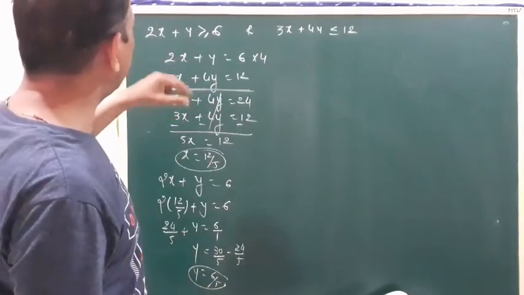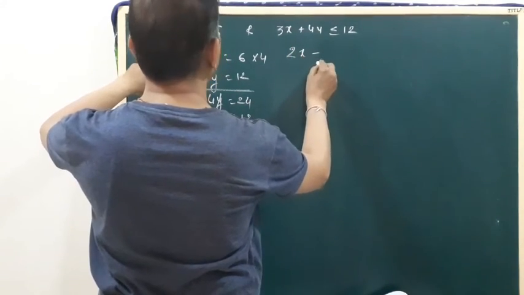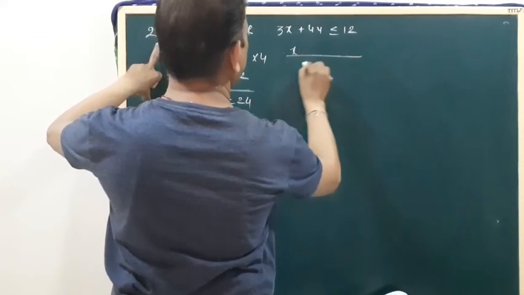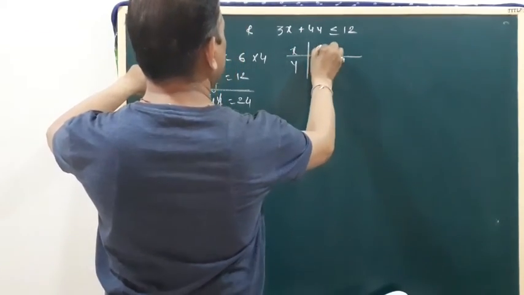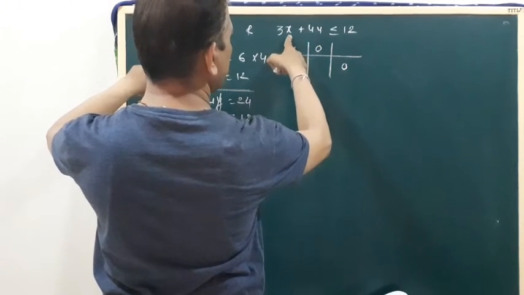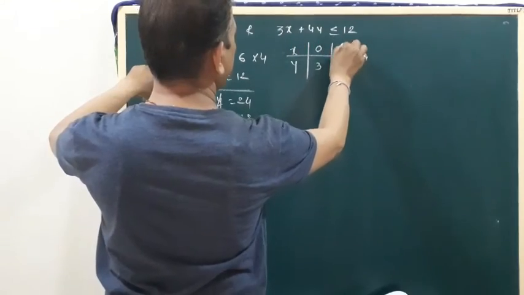Now prepare your table. First line, 2x plus y. We prepare this table here. X and y. X 0, y 0. Second line table. Put here x equal to 0. 4y equal to 12. Y 3. Y equal to 0. 3x equal to 12. So x 4.